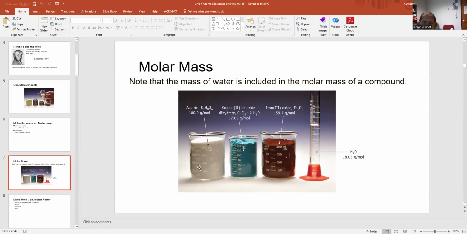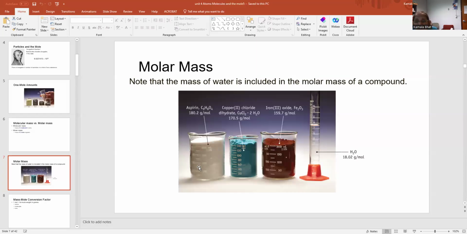This particular aspirin contains 9 carbon atoms, 8 hydrogen atoms, and 4 oxygen atoms. So, knowing the atomic mass of each of the elements and the number of atoms of that particular element, we can multiply each of the elements by their atomic mass and the number, and then add up, and you get the total molar mass of the compound.